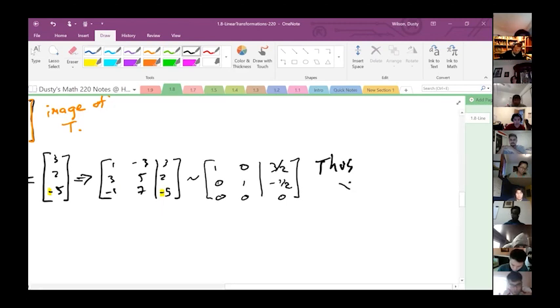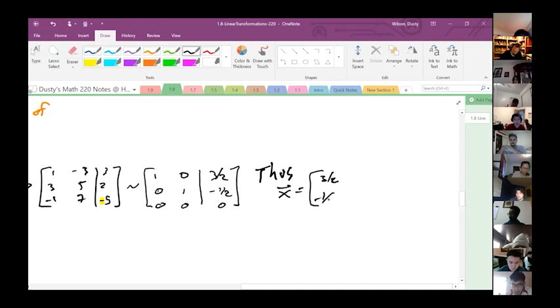Yeah, so it's telling us that x equal to 3 halves, -1/2 has image 3, 2, -5.